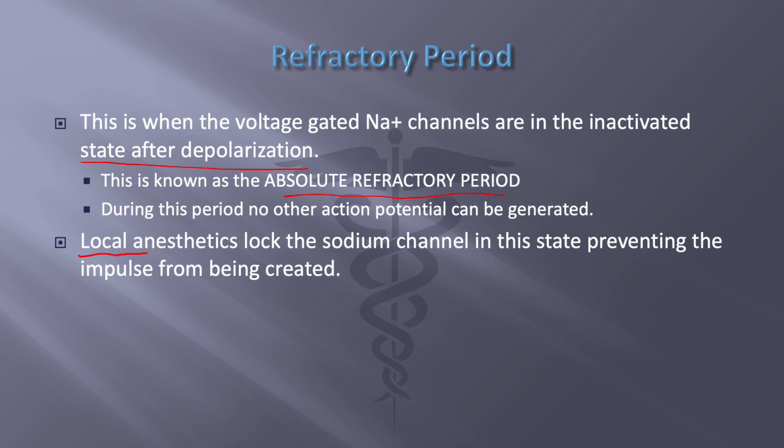Once these local anesthetics bind to that sodium channel, they lock it in this inactive state, okay, preventing the impulse from being created. So once we get that local anesthetic to bind on that sodium channel, at the alpha subunit, it's going to lock it in an inactive state where sodium can't leave or enter the cell.